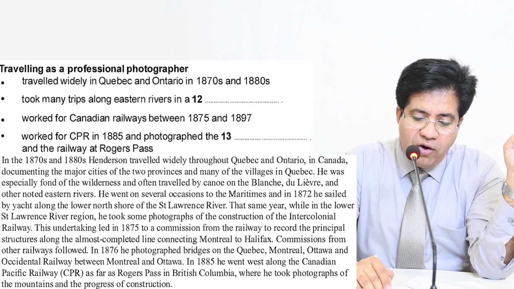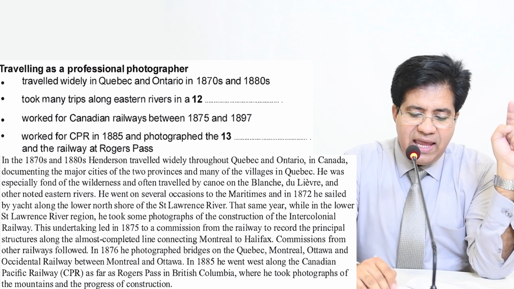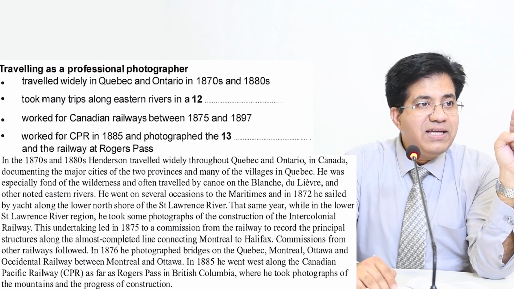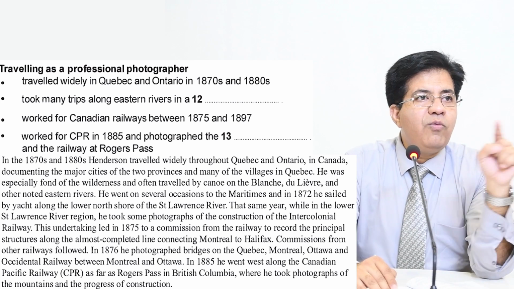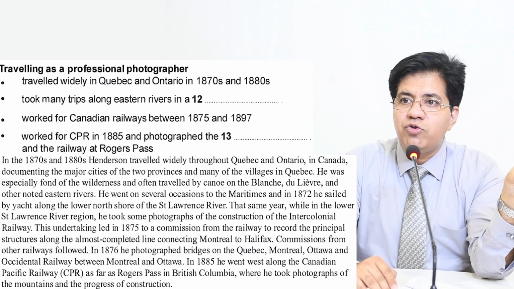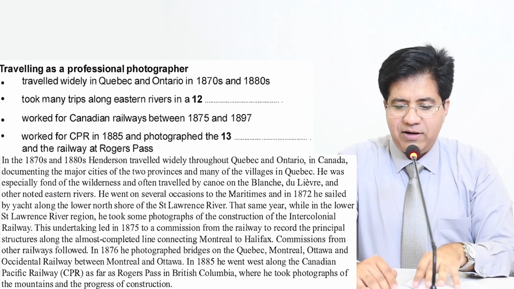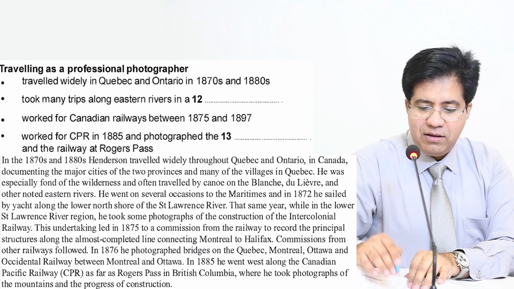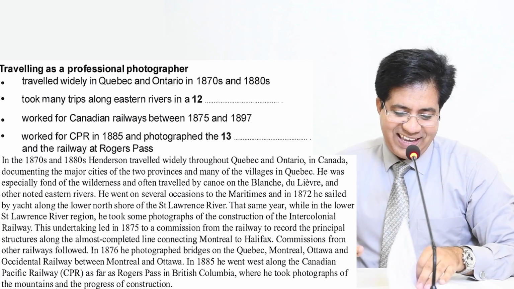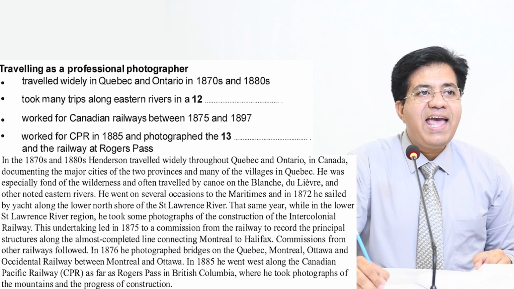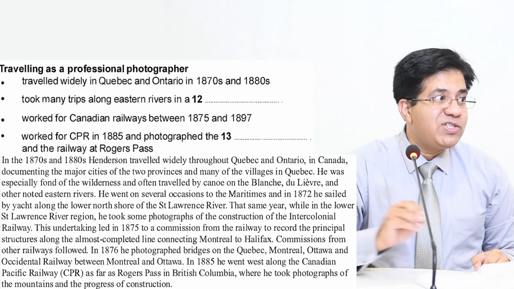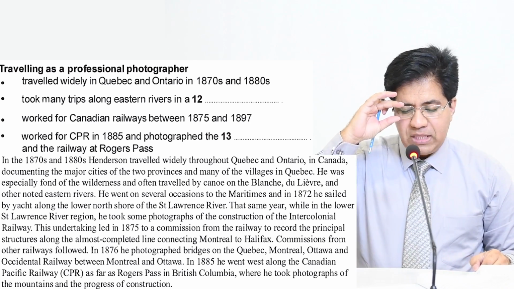It means Blanche is the name of a river and canoe is exactly the mode of travel. So the answer is... if you don't know what a canoe is, just go to YouTube or Google, write canoe and you'll find it, right? Don't make any spelling mistake, otherwise you'll find other things, okay? So the correct answer is canoe, C-A-N-O-E, copy pasting, exactly the same.